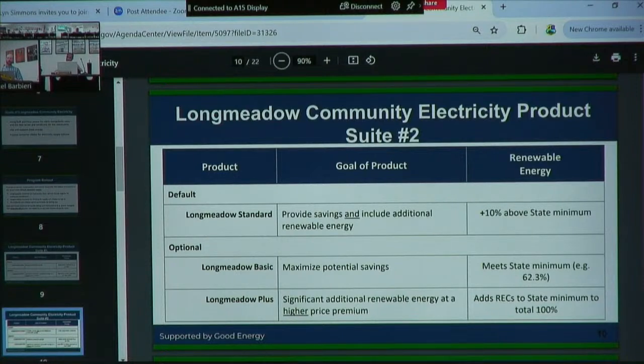But I think that with Suite 2, and people getting a lot of education, if they want to, right off the bat, they can step down to that minimum, to the basic. I think this makes a lot of sense to me. And I do wish there were more options, but given what we have to work with, I think this is the way to go.